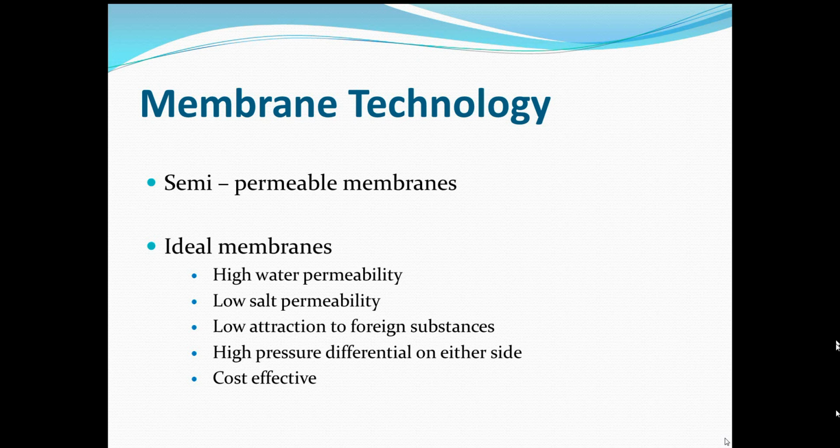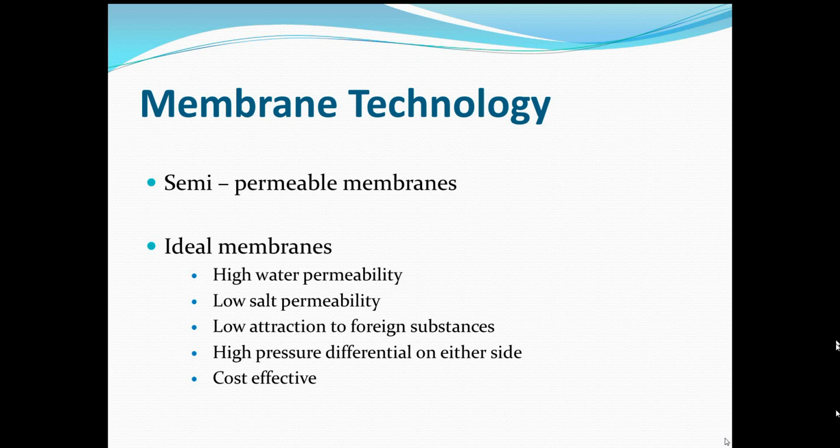It should have low salt permeability. In this case, we should have low salt permeability because if it has a high salt permeability, there is a tendency that the salt molecules may move from the seawater side to the freshwater side, thereby causing the level of water on the freshwater side to go higher, which is a reverse osmosis process, which we do not want. So we always go ahead with a membrane which has low salt permeability.